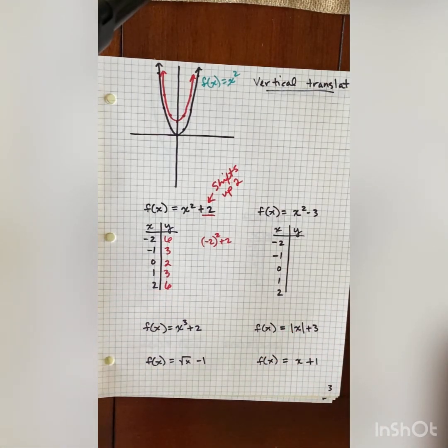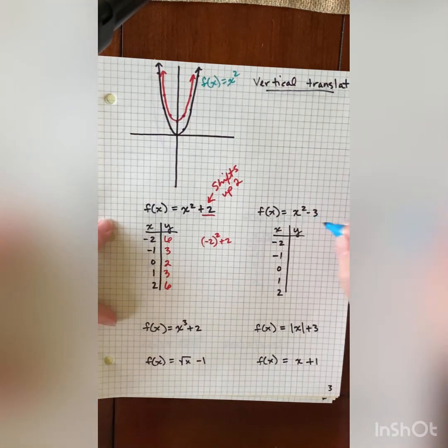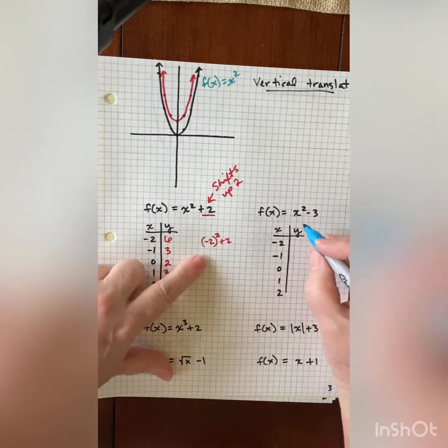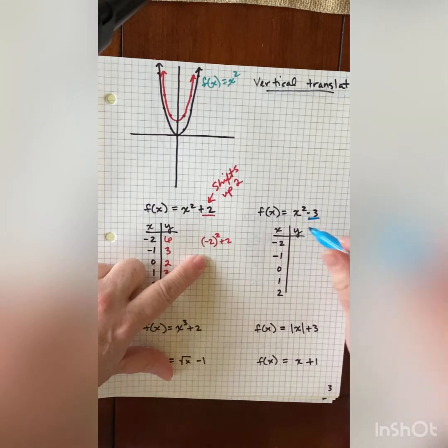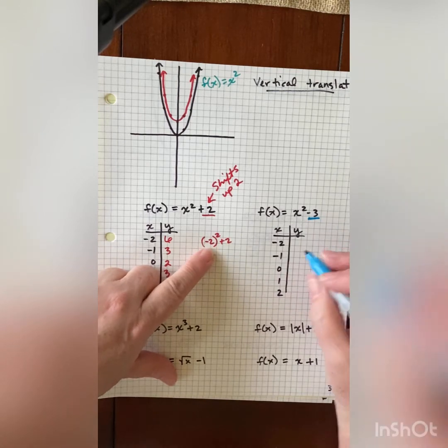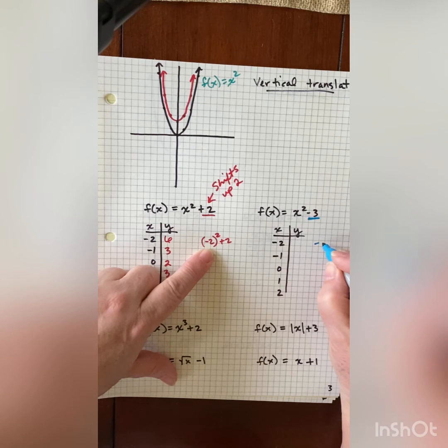Let's take a look at this next one over here. f of x equals x squared minus 3. I'm going to do this one in blue. Let's see what that -3 does to our normal parabola. If I put a -2 in there, I'm going to square it and then subtract the 3.